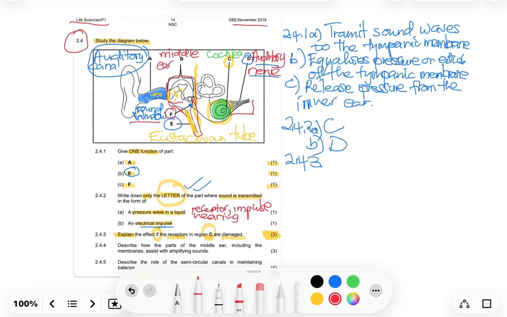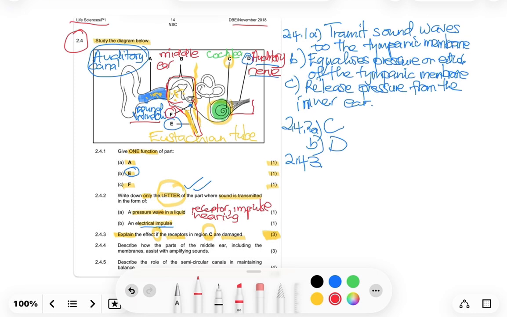So if the receptor that is found in C, our organ of Corti, is damaged, it's not going to convert the stimulus from being a sound wave into an impulse. It's not going to do that.